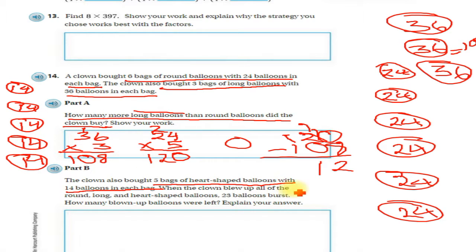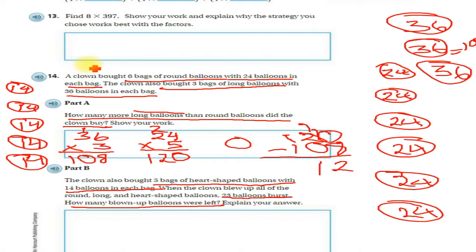When the clown blew up all the round, long, and heart-shaped balloons, 23 balloons burst. How many blown up balloons were left? So 23 burst. How many were left? That's what we want to know. And then we have to explain our answer.